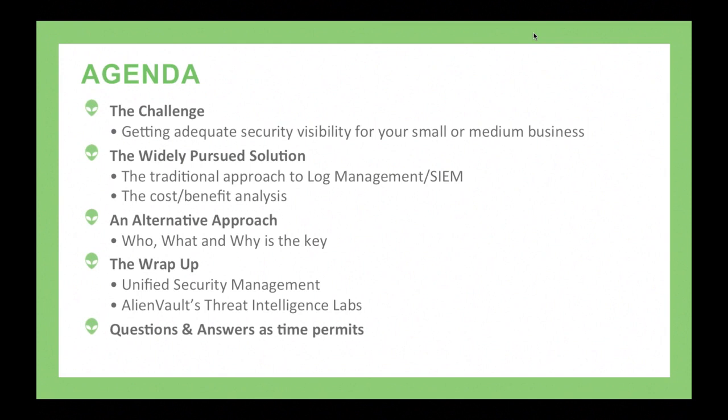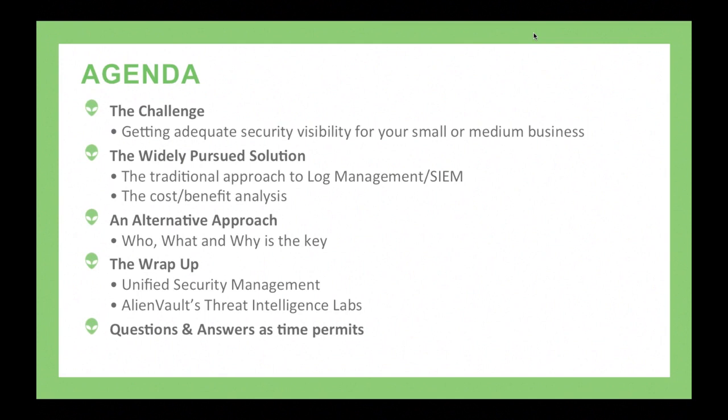So after we look at the perspective from how it's most often being addressed, we can look at an alternative approach, or something that we choose to focus on from a more strategic point of view here at Alien Vault.